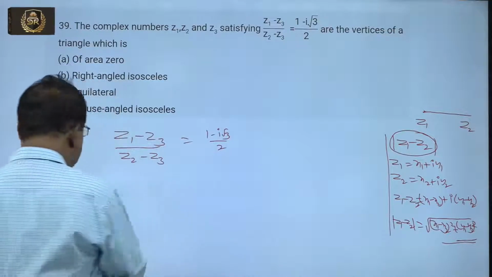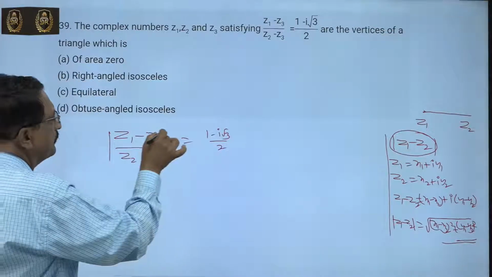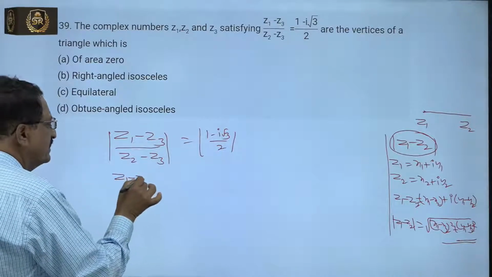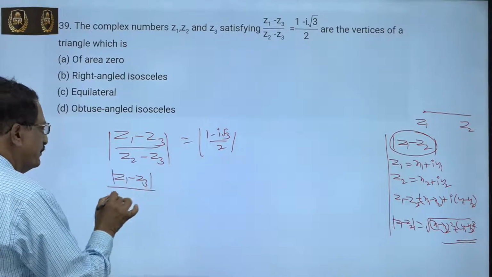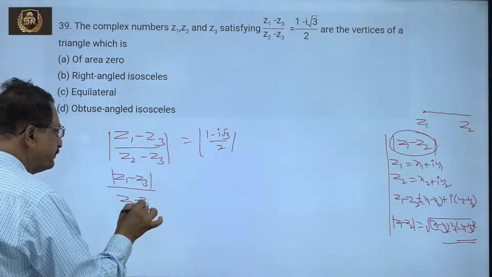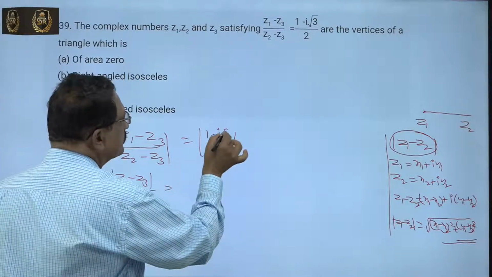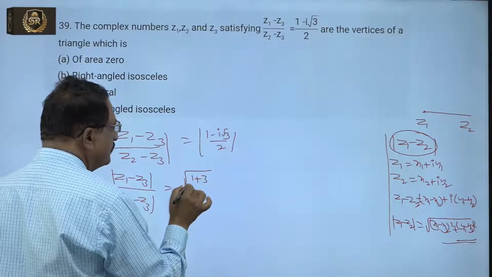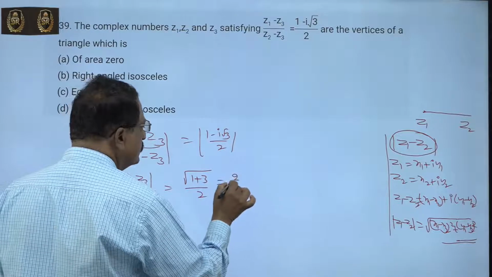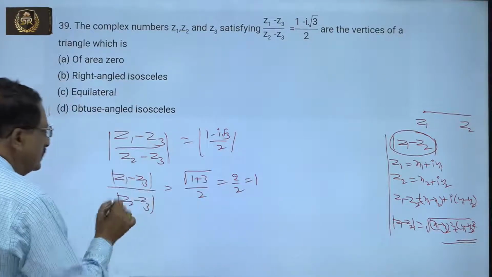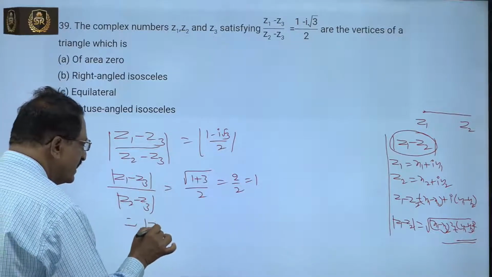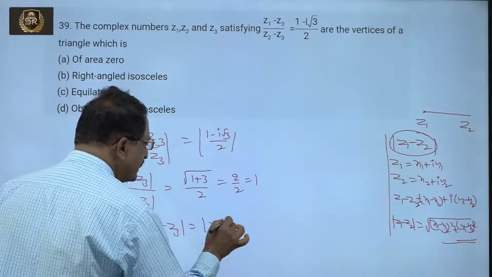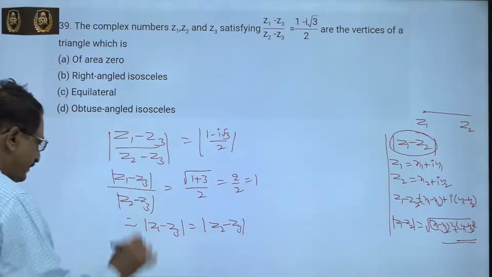Now take the modulus on both sides of the given complex number. Mod of Z1 minus Z3 by mod of Z2 minus Z3 equals the modulus of the numerator, square root of (1 plus 3) by 2, that equals 2 by 2, or 1. Therefore mod of Z1 minus Z3 equals mod of Z2 minus Z3. Both are equal.